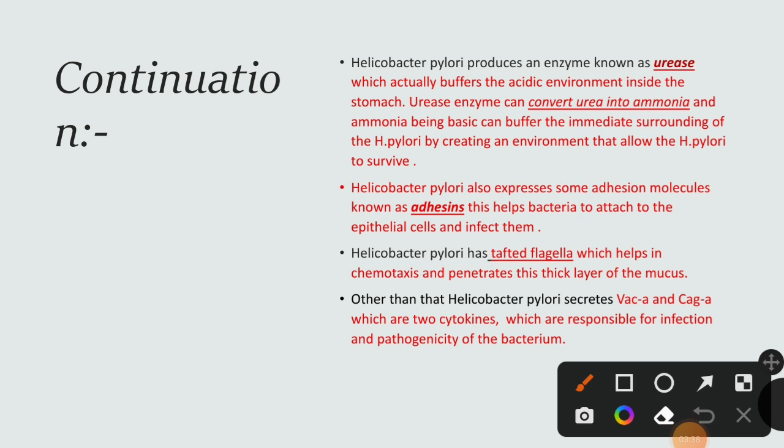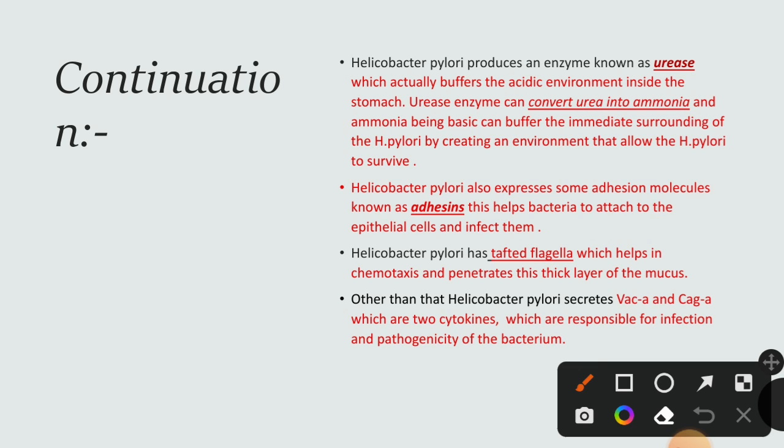Now after ensuring its survival with the help of this urease, the second step of Helicobacter pylori is the formation of adhesin. This adhesin molecule will allow Helicobacter pylori to attach to and infect the epithelial cell.